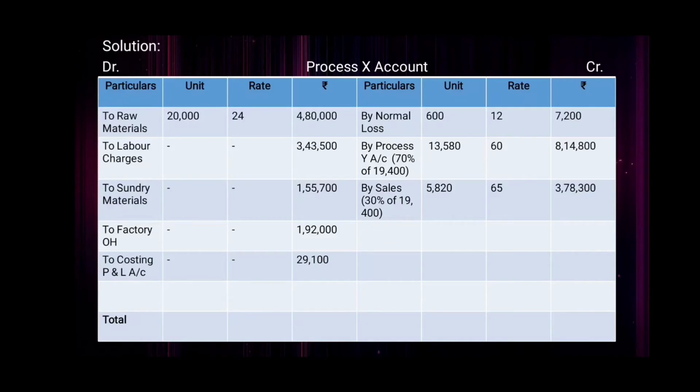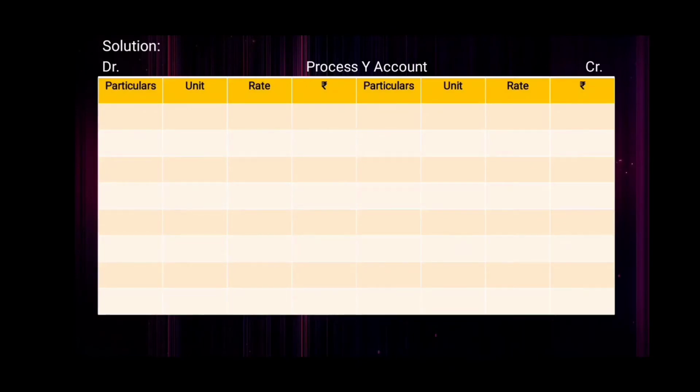So now let us take the total of both the sides. Unit is 20,000 and the total amount is 12,300,000. Now let us prepare process Y account.